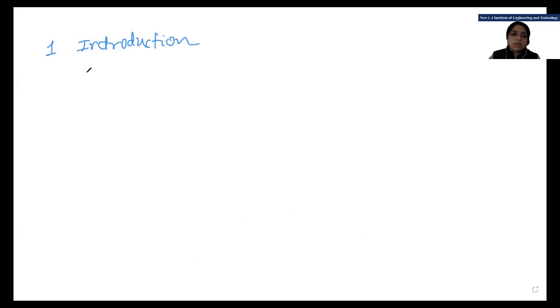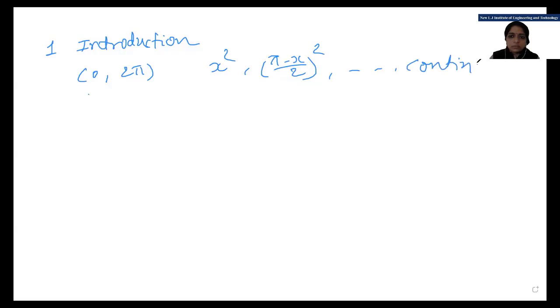Then the example for 0 to 2 pi, right? That is x square, pi minus x by 2 whole square, like that. And then we did the example for a continuous function. Then period limits 0 to 2 pi, but for a discontinuous function.